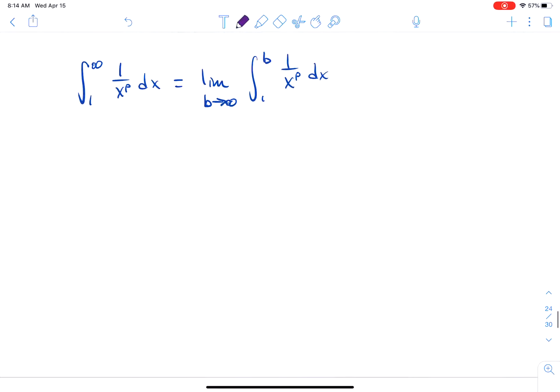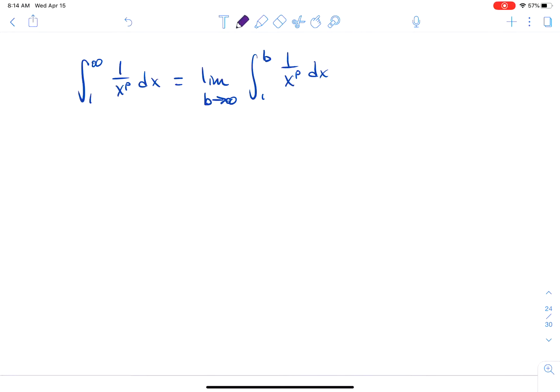So let's do p equaling 1 for our first case. So case 1, p equals 1. If p is equal to 1, then we have the limit as b goes to infinity of the definite integral from 1 to b, 1 over x dx. The antiderivative of that, of course, is the natural log.